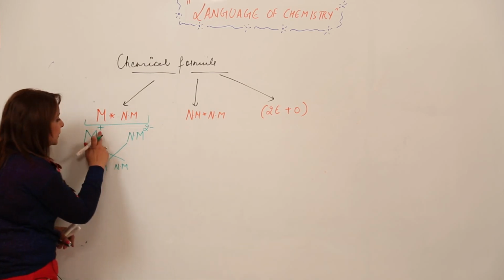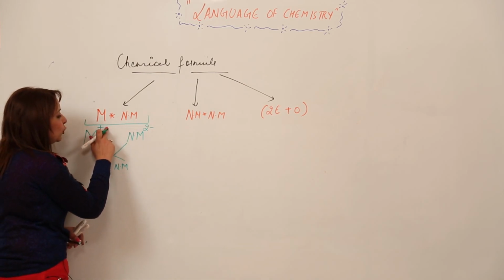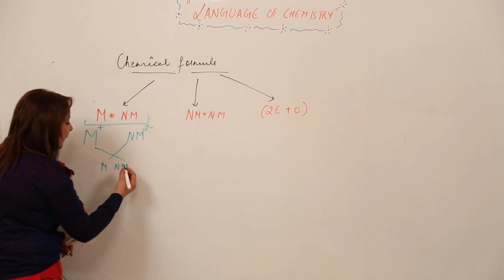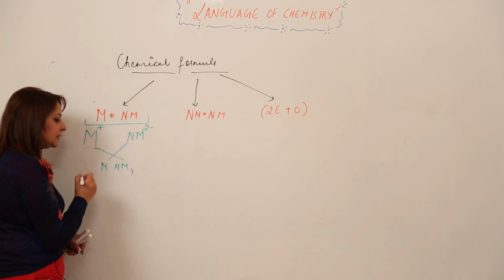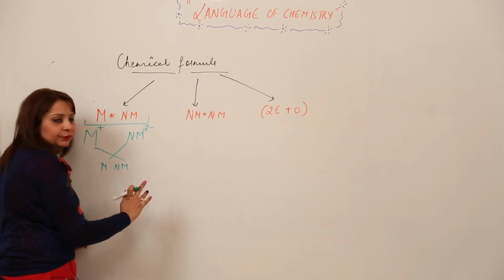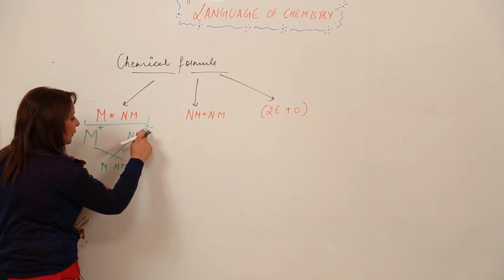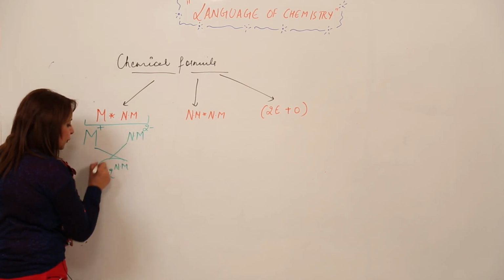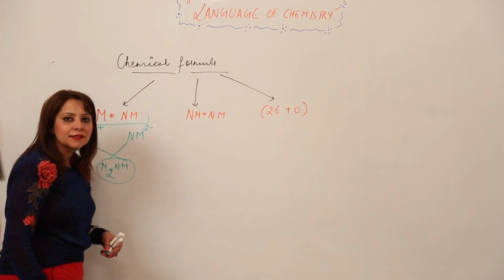Here the plus means, when there is no number, that indicates 1. So I have to write 1 on this side, but I may write it or not, it means the same, so I am not writing it. The valency of the non-metal is 2 negative, that is 2, so I am writing it on this foot. So the formula becomes like this, right.